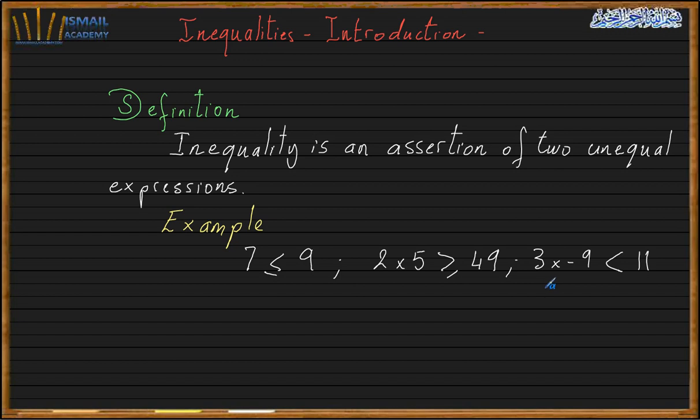So this is undecided, so it still is an inequality. This is exactly what the definition says: an inequality between two unequal expressions, with an inequality sign between them.